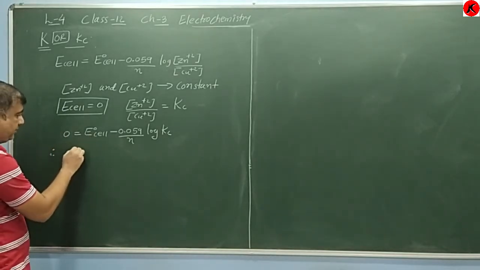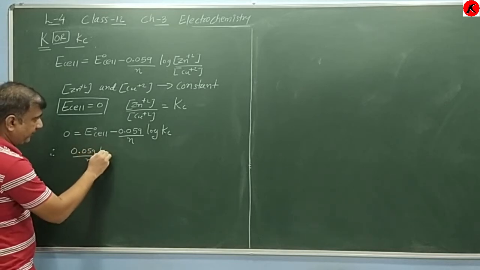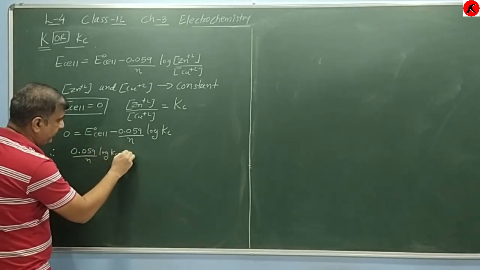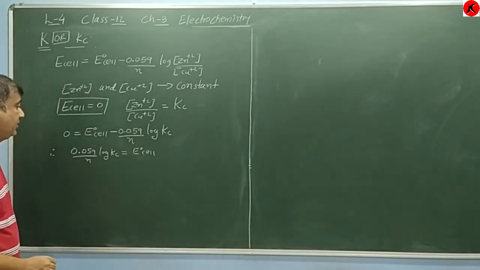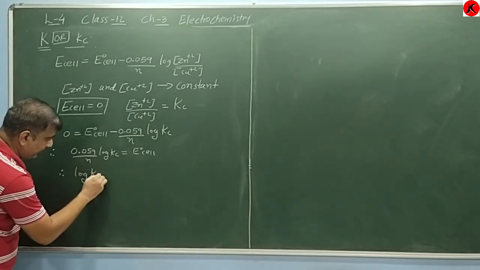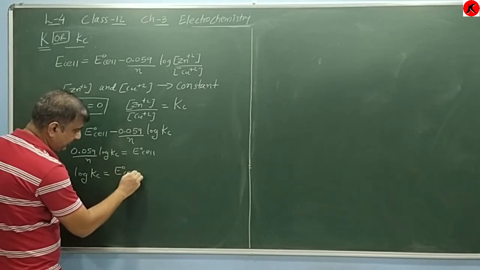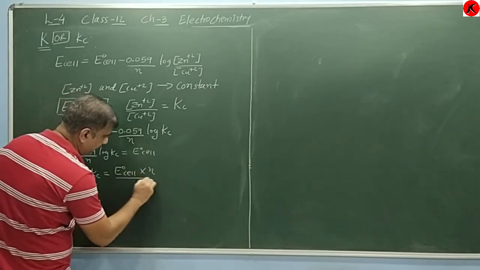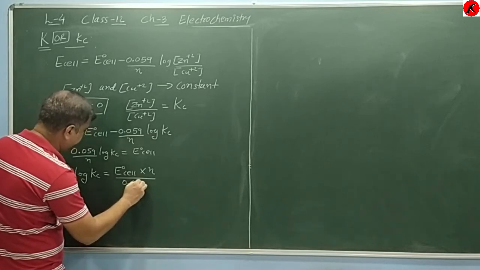Therefore 0.059 upon n log Kc equal to E naught cell. That means log Kc equal to E naught cell into n divided by 0.059.